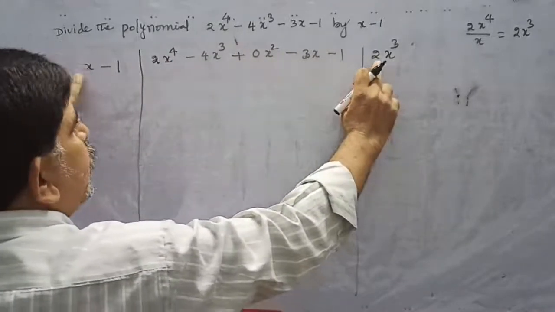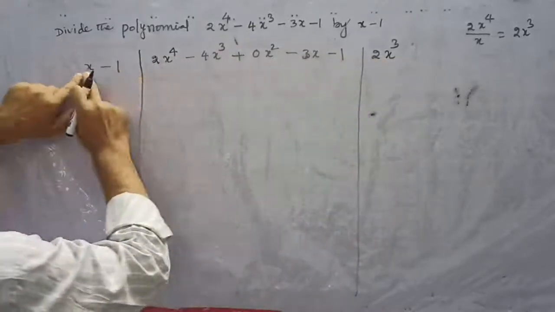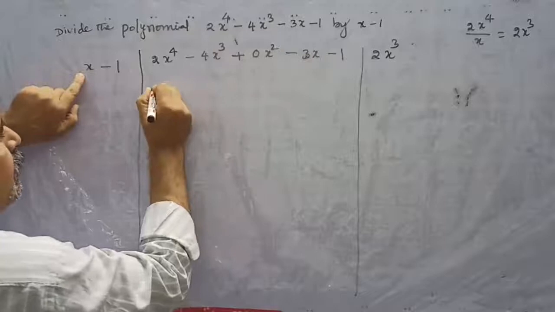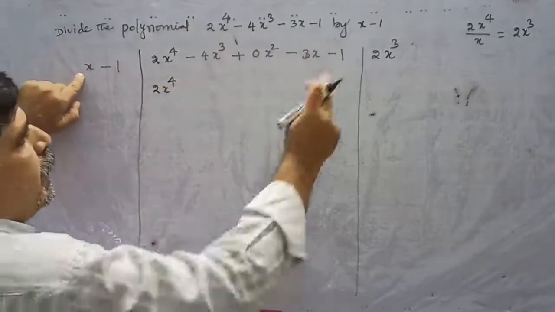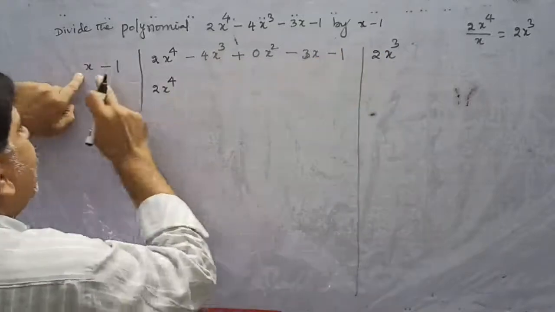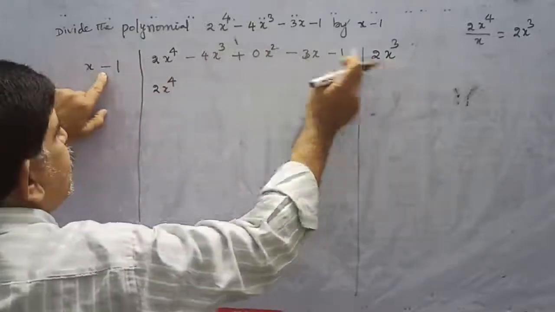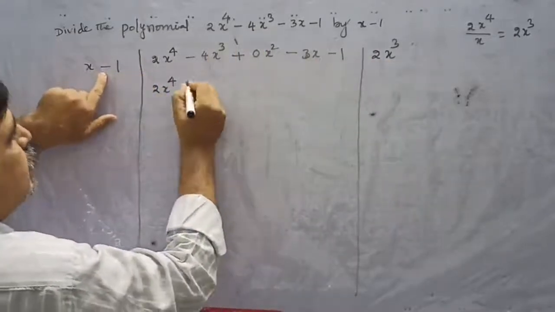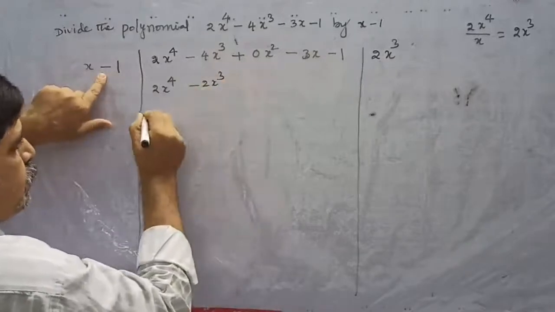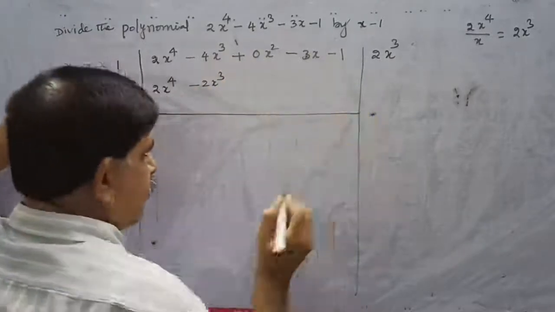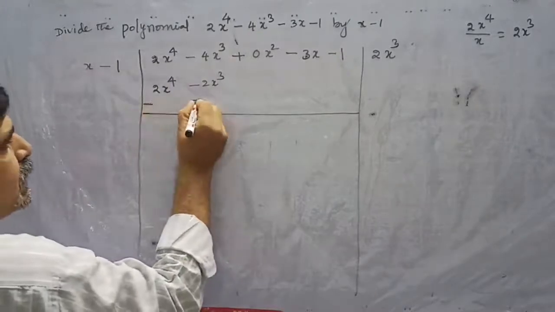Now first, 2x cube into x, 2x to the power of 4. Symbol plus and here minus. So plus into minus, minus. 2x cube into 1, 2x cube. So minus 2x cube. Next, change the symbol. This is minus and this is plus.